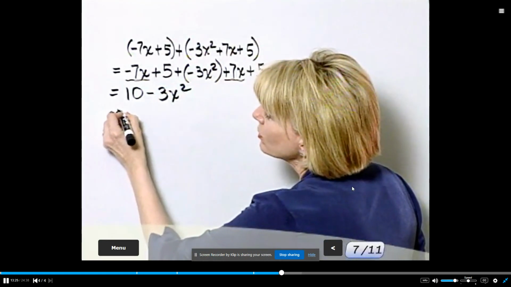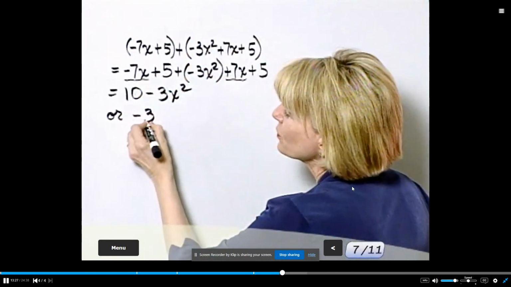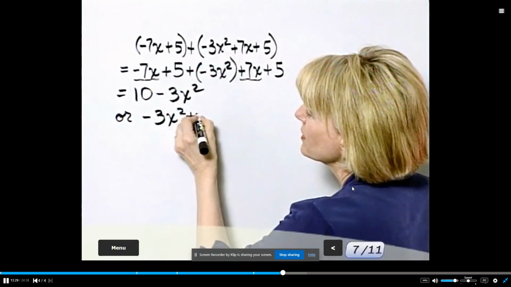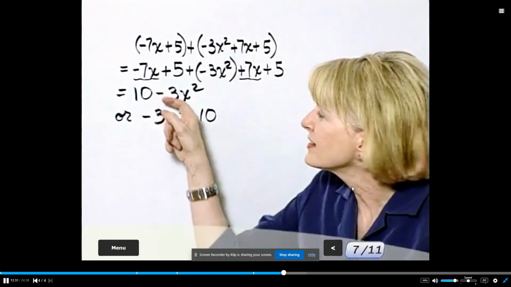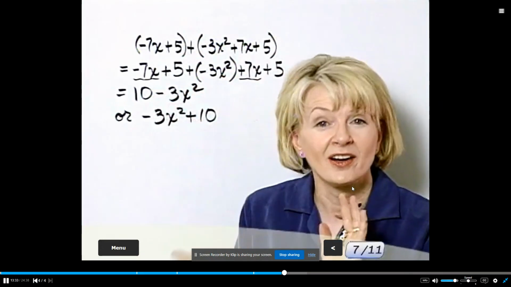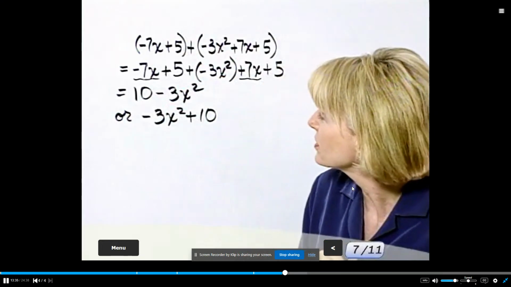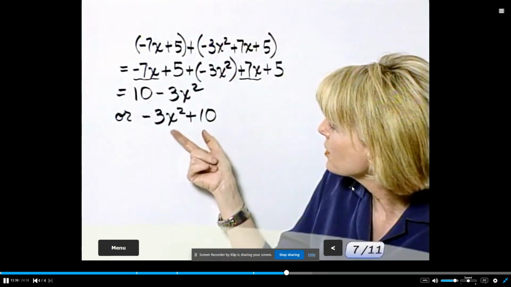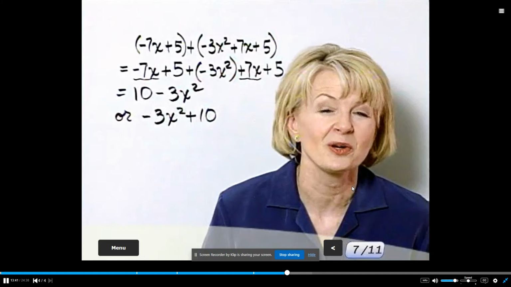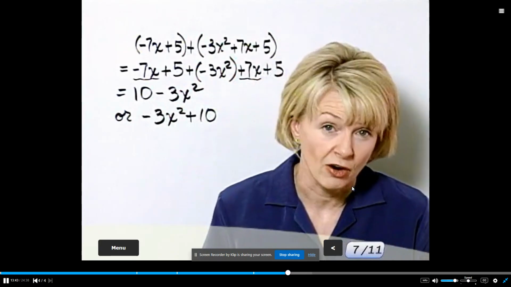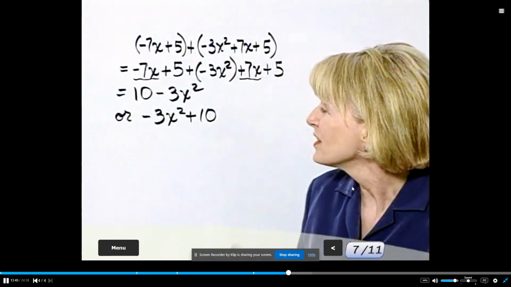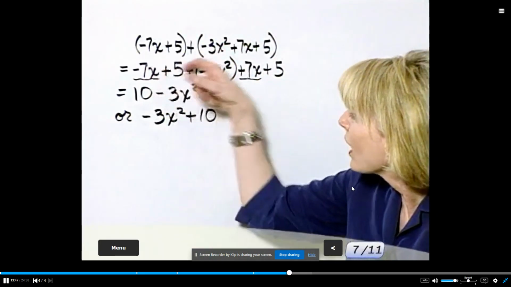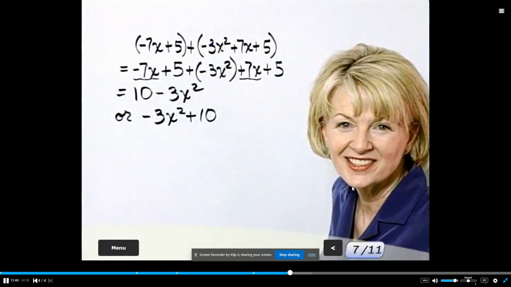You can also write it as negative 3x squared plus 10. Exactly the same, just the order of the terms has been switched. By the way, can I combine these two terms? The answer is no, they are unlike terms. So I've added these two polynomials.